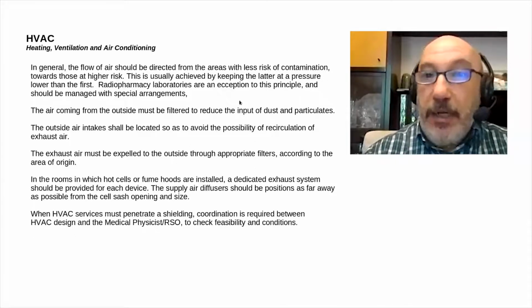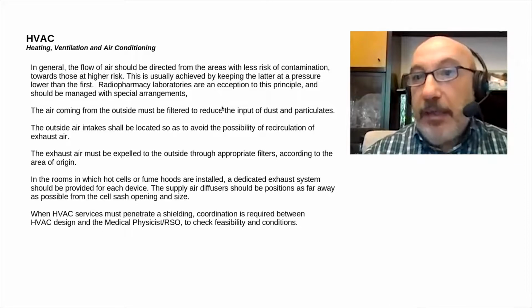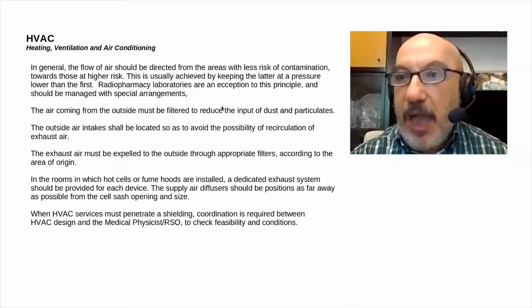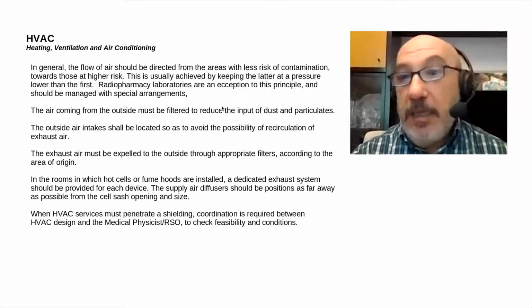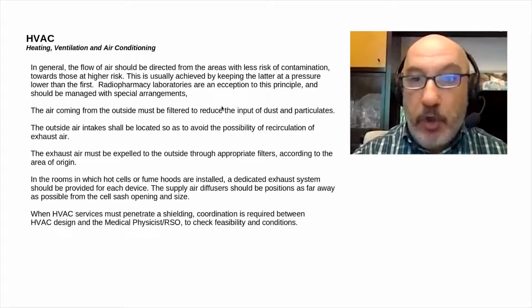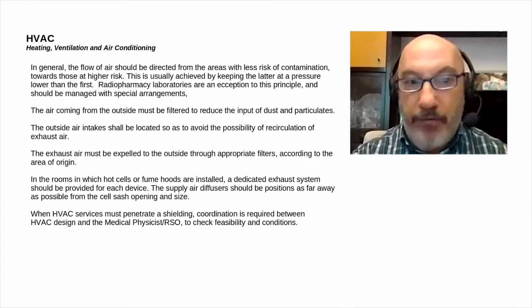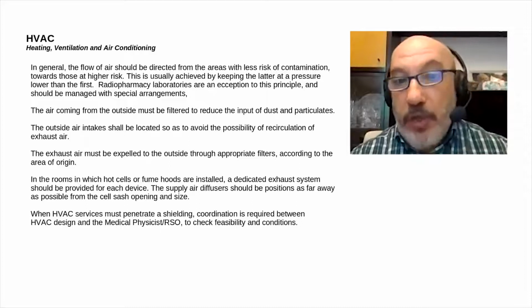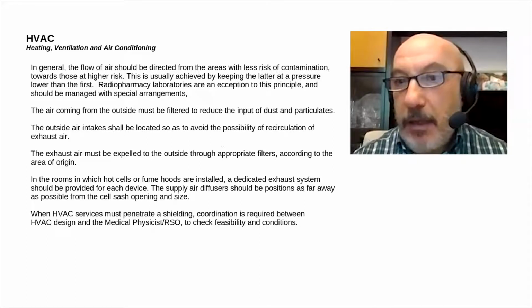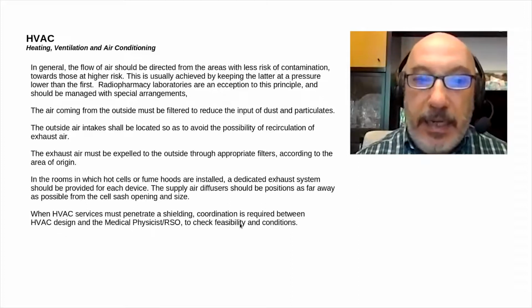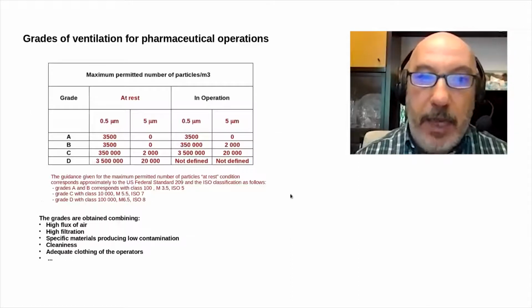All the air in input should be properly filtered in order to avoid the excess of powder that may damage our precious equipment, and in radiopharmacy to avoid any possible external contamination, not radioactive, but conventional contamination. Also, the exhaust clearly should be appropriately filtered in order to avoid any undesired release of radioactivity.